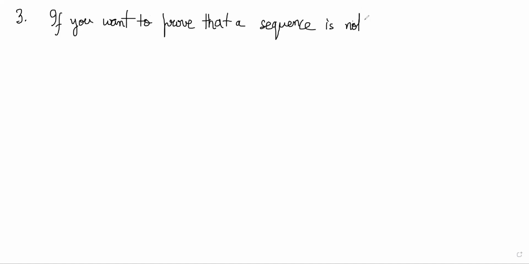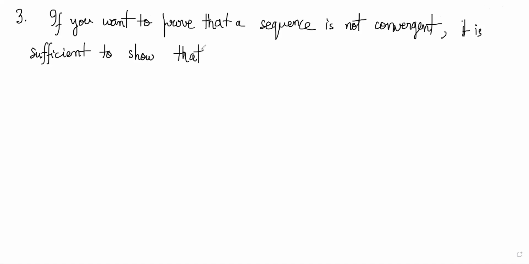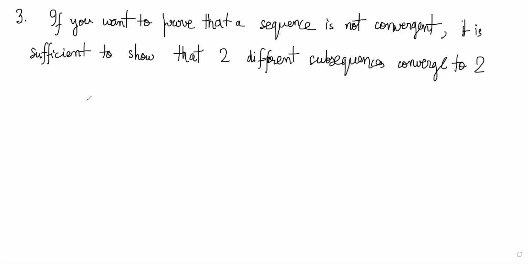One more thing to note here is, if you want to prove that a sequence is not convergent, then it is sufficient to show that two different subsequences of the original sequence converge to two different limits.